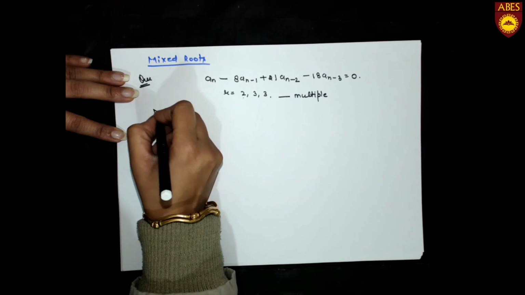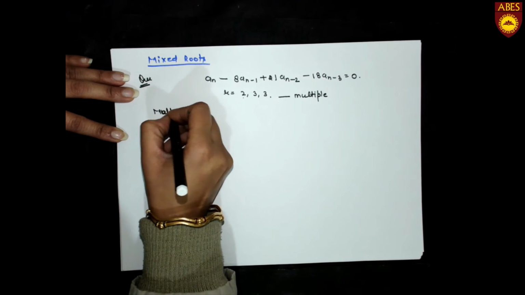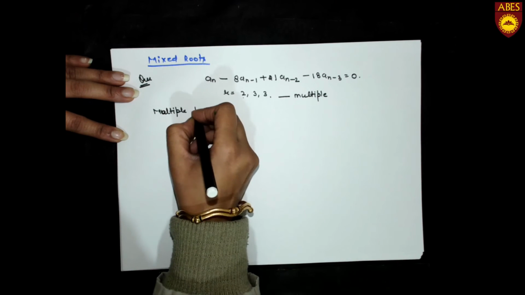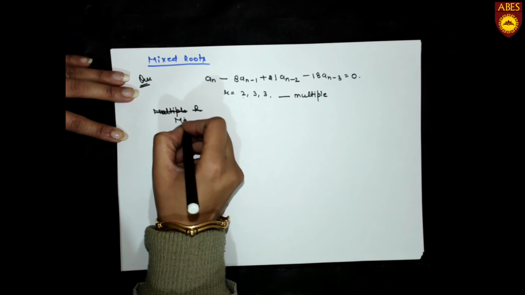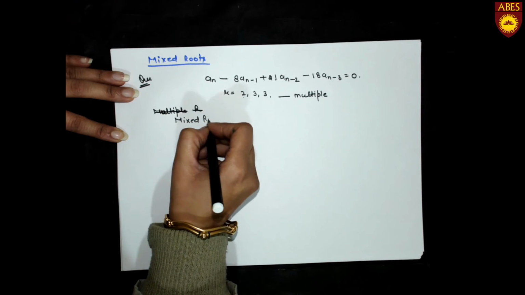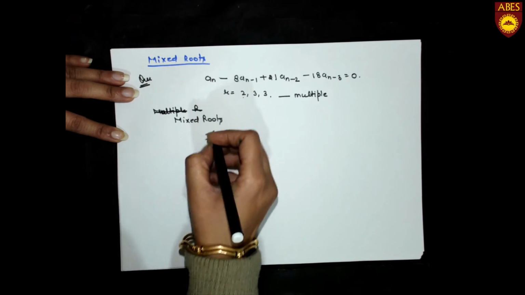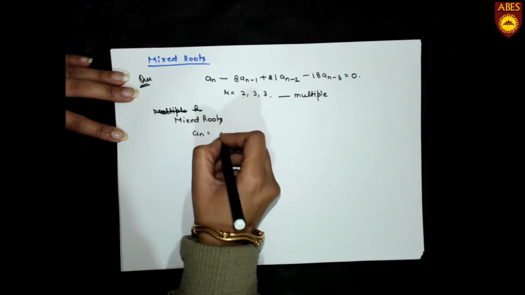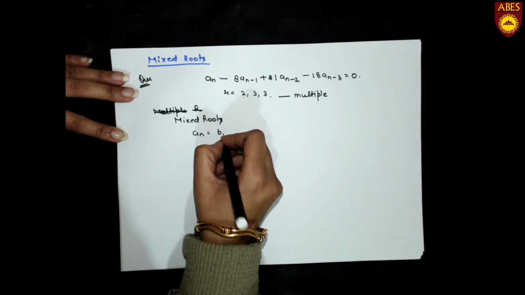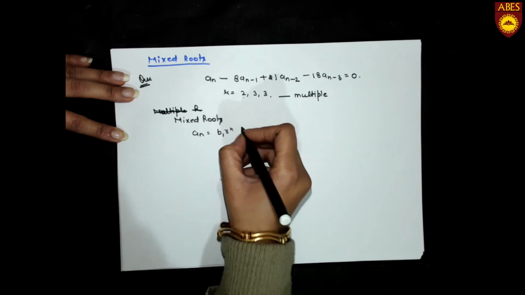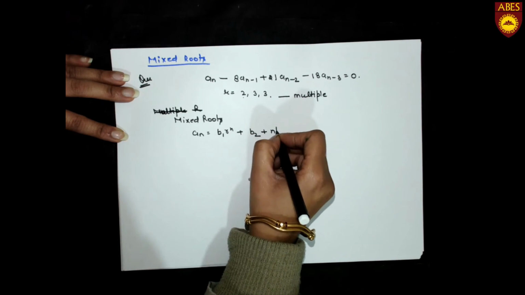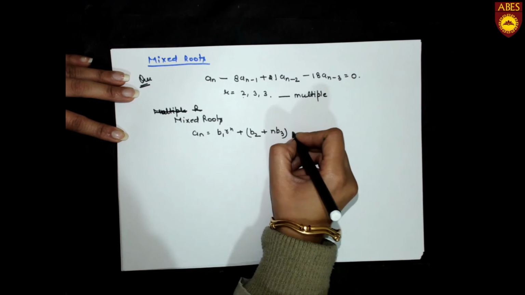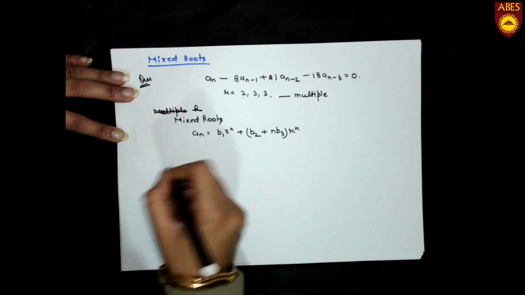So for mixed roots, the formula is an is equal to b1 r1 to the power n plus b2 plus n b3 times r2 to the power n.